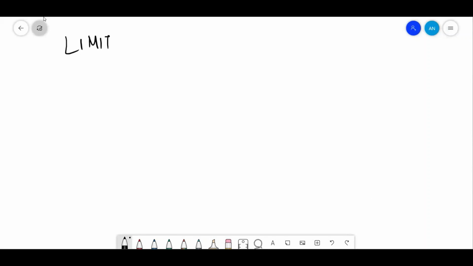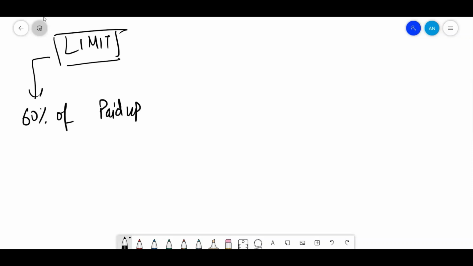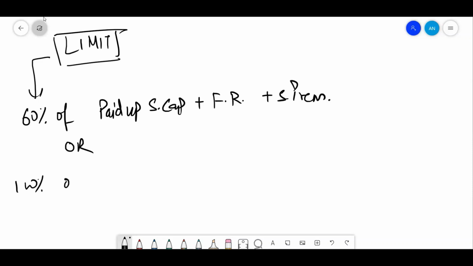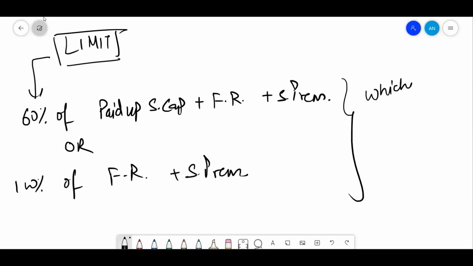Limit is basically 60% of paid up share capital plus free reserves plus security premium, or 100% of free reserve plus security premium, whichever is more, whichever is higher. If this limit is surpassed or exceeded, then we will have to pass a special resolution.